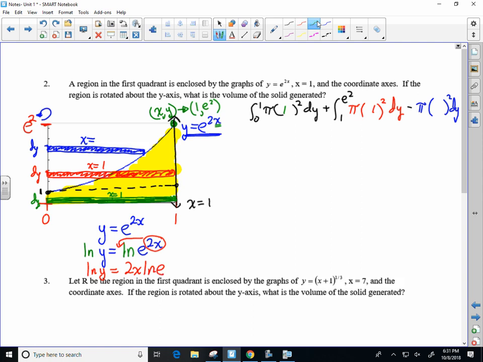The natural log of e is equal to 1, that cancels, and so we would get x being equal to 1/2 ln y.